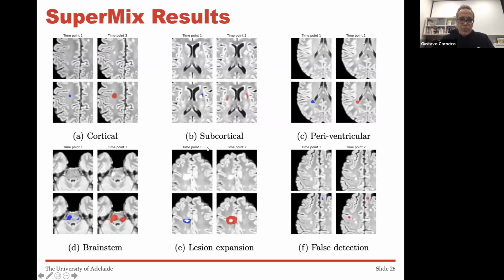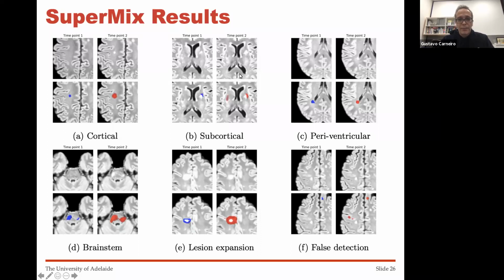All right, so one thing that is interesting to see here is the visual results, right? What you see in this slide is 2 time points where you see the lesion changes, and what you see in blue is the actual annotation for the lesion change. So for example, in this first image here on the top left, no lesion here in time point 1, and then you see a lesion here at time point 2. That's why you see the annotation here in blue. And what you see in red is the detection from the system.